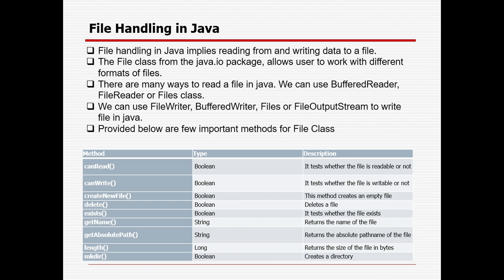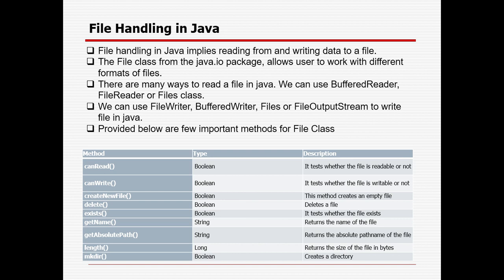There are many ways to read a file in Java. We can use buffer reader, file reader, or file class. Similarly, whenever we want to write the data into the file, we can use file writer, buffer writer, files, or file output stream.